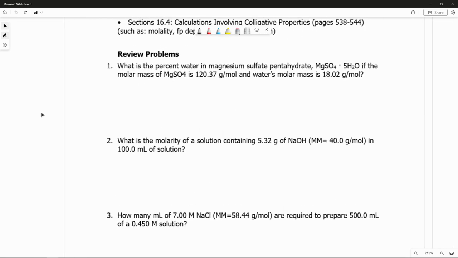What is the percent water in magnesium sulfate pentahydrate, MgSO4 5H2O, if the molar mass of MgSO4 is 120.37 and water's molar mass is 18.02?